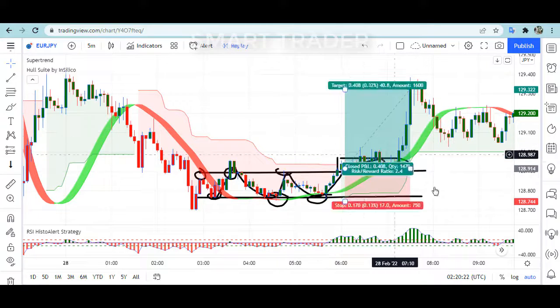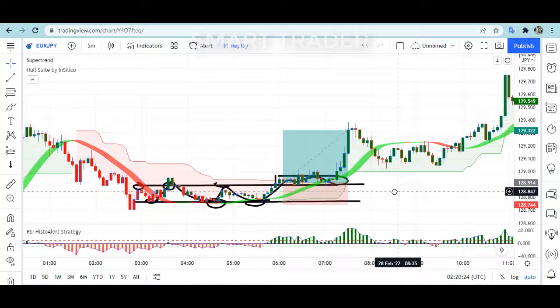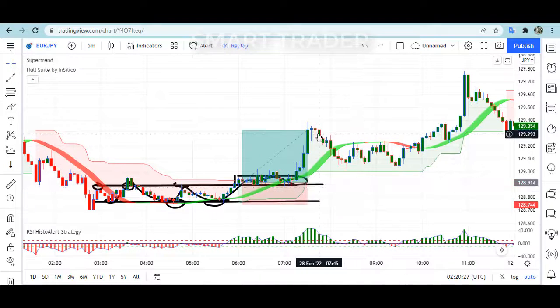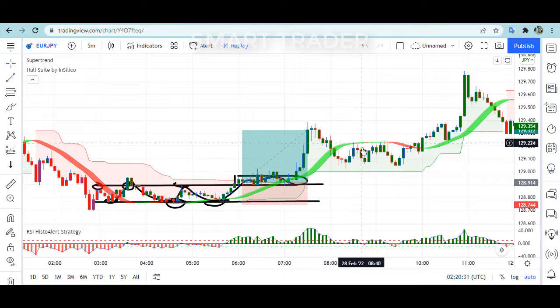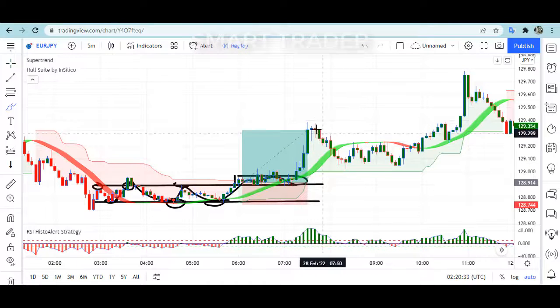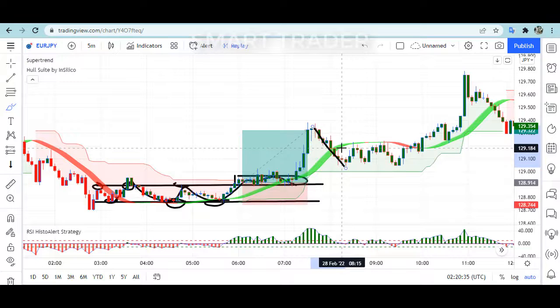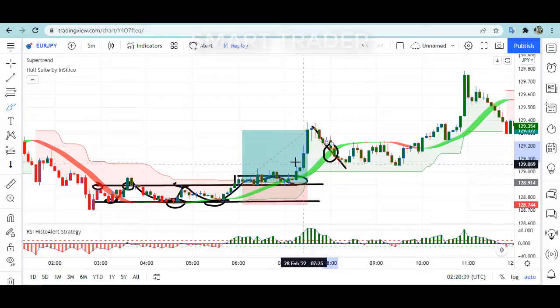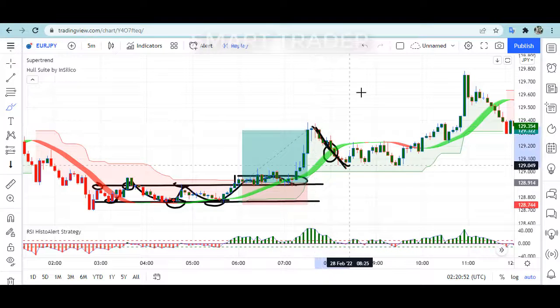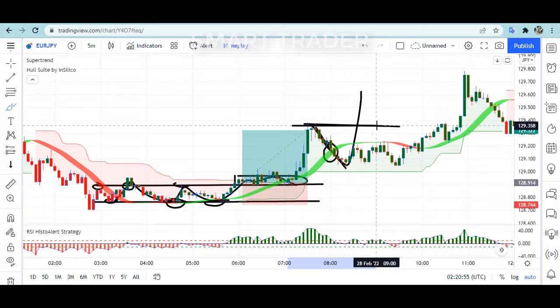Like my definition, swing trade means we hold the trade for at least one reverse attempt. This is the one reverse attempt cutting through the whole suite, so we can hold when the price breaks through the swing high.